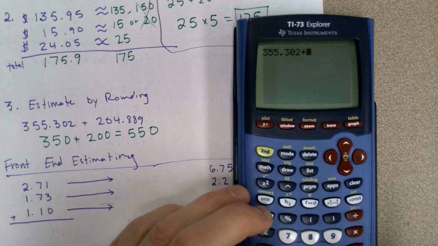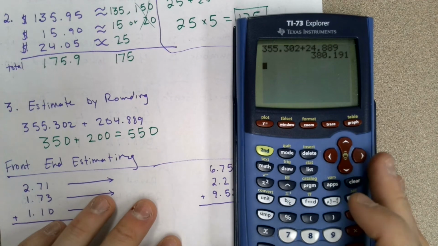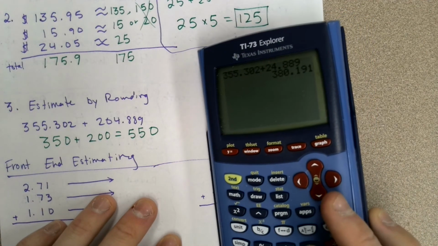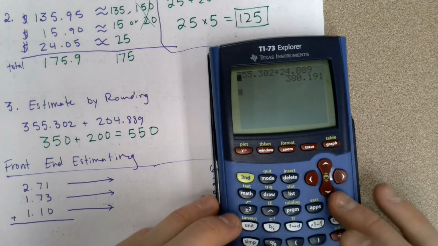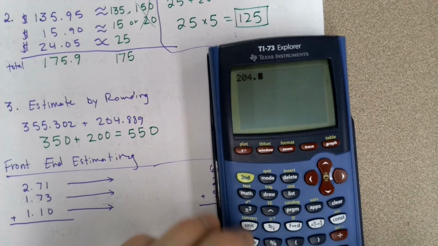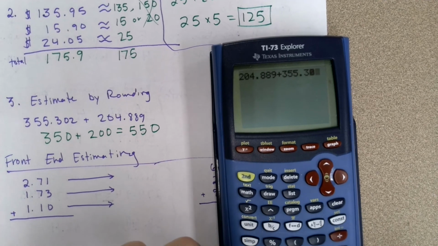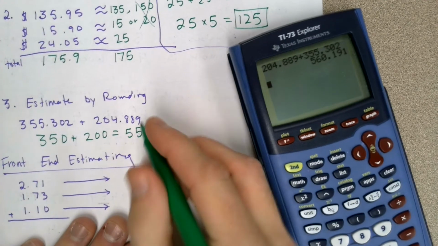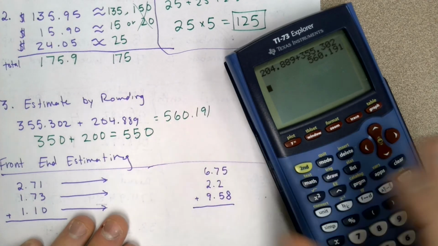355.302 plus 204.889. And they got, oh, did I mistype something there? Oh, I just did 24. I messed up. 204.889 plus. And they got 360.1.